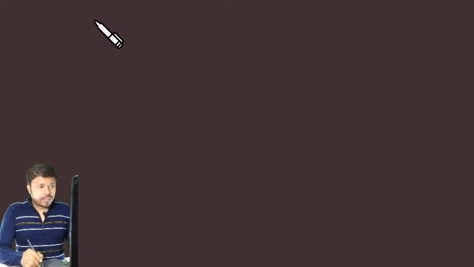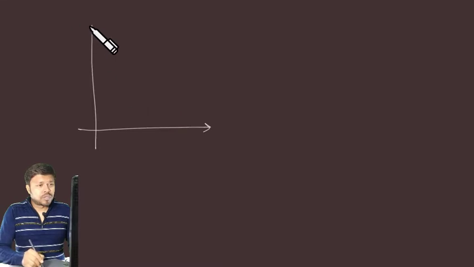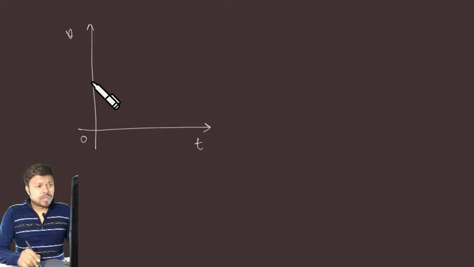Okay, now see one thing. In the velocity-time graph, let's say a body is in uniform motion. All right, velocity-time graph, the body is in uniform motion, meaning what? Let's say the body's velocity was v, and uniform motion means a line parallel to the time axis.